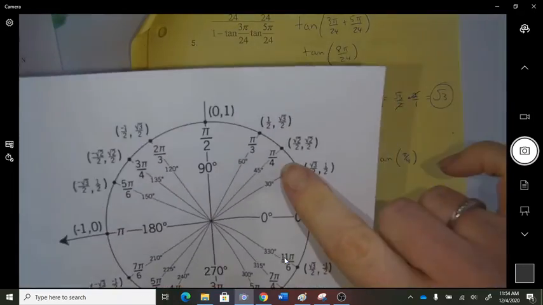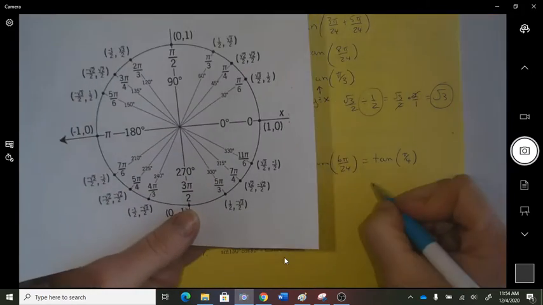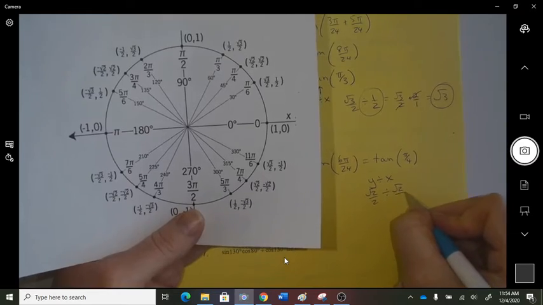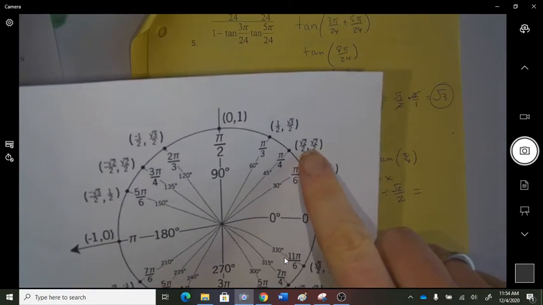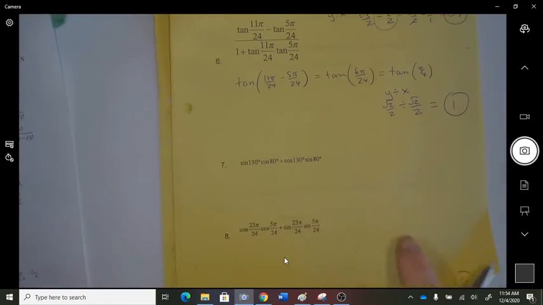So I go to pi over 4, and I'm going to take the y divided by the x. And some of you might not need to do this because right there the tan is 1 because y and x are the same.